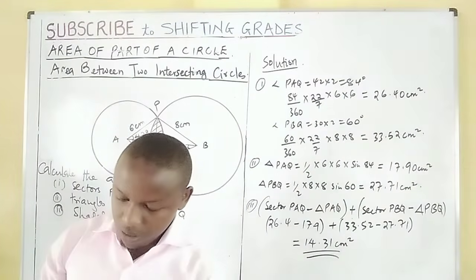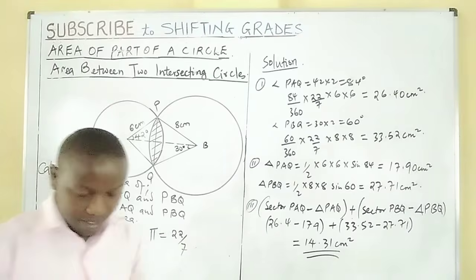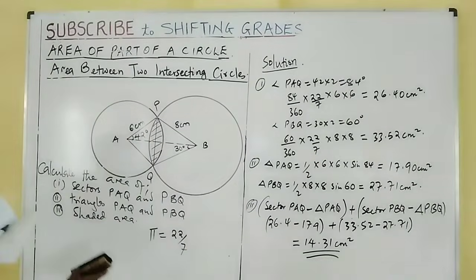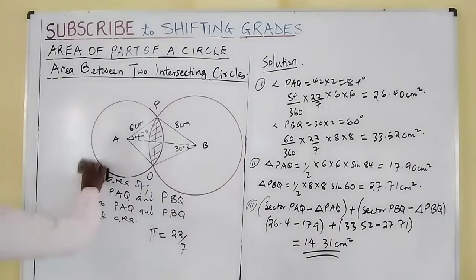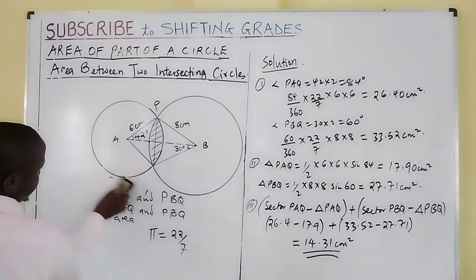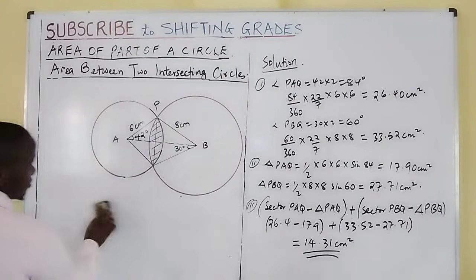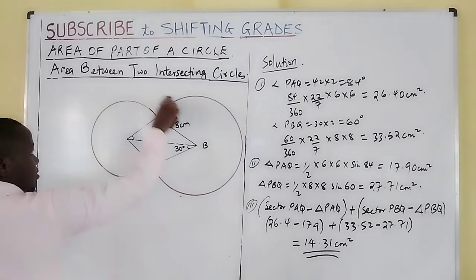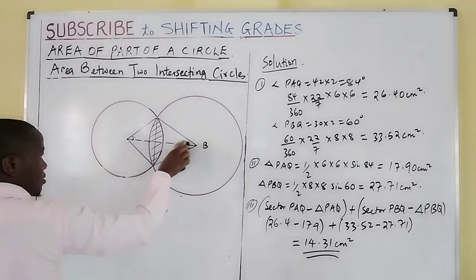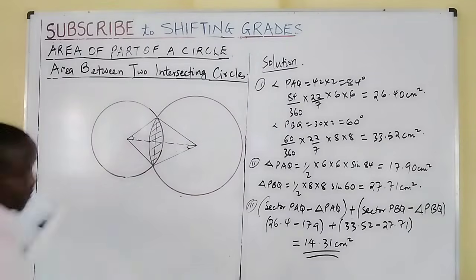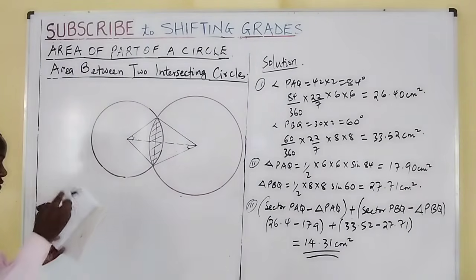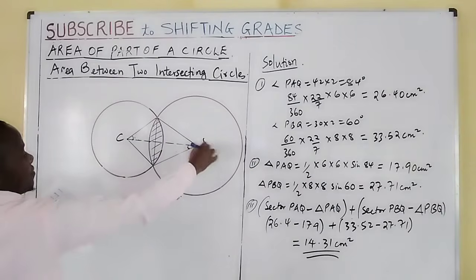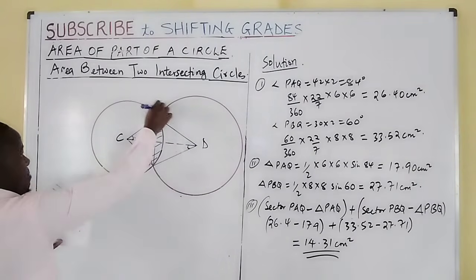It says the figure below, two circles, center C and D. So this is a question now for you to try later, because we have already seen how it should be done. So we got a question saying two circles, just like the ones we've done, with center C and D. Then they are meeting at A and B.